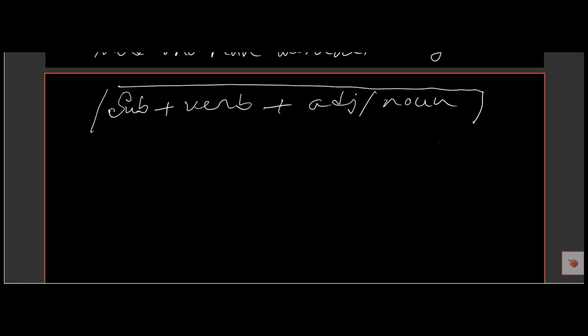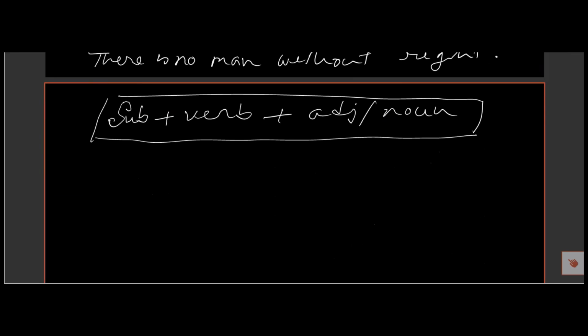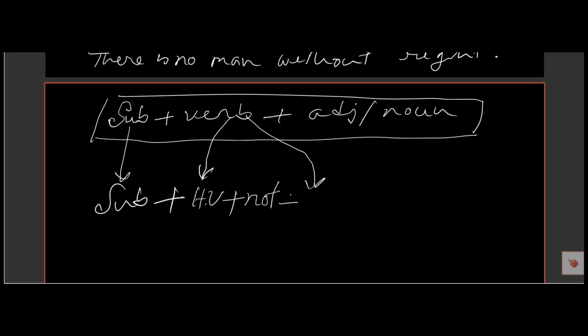If the sentence structure is like this: subject, then verb, then adjective or noun, we have discussed earlier that in that case we must use the subject, then according to tense a helping verb, and as it is negative, not will be put after the helping verb, then the main verb will come here.